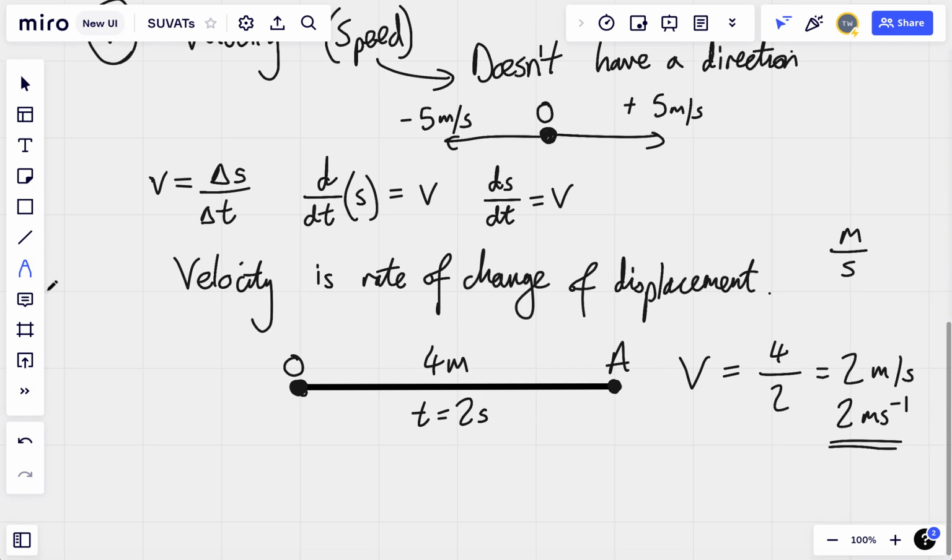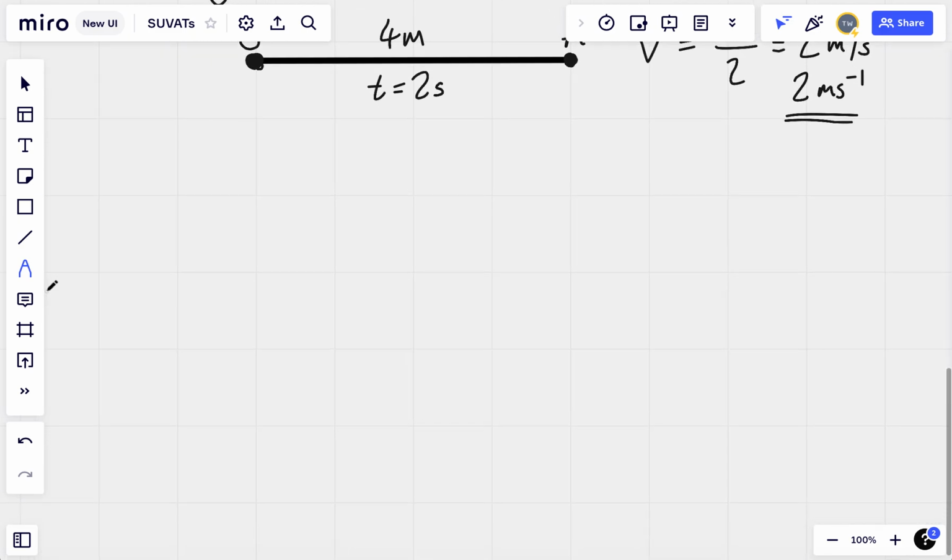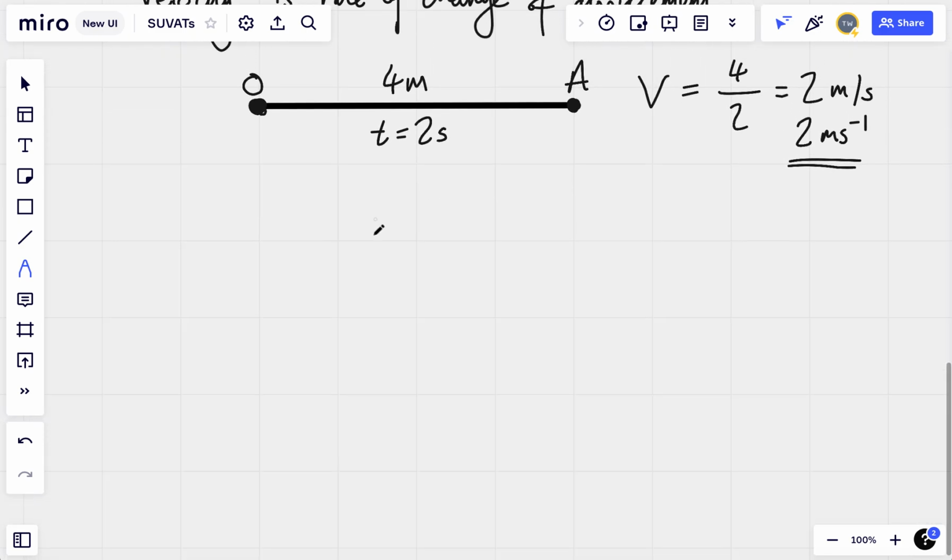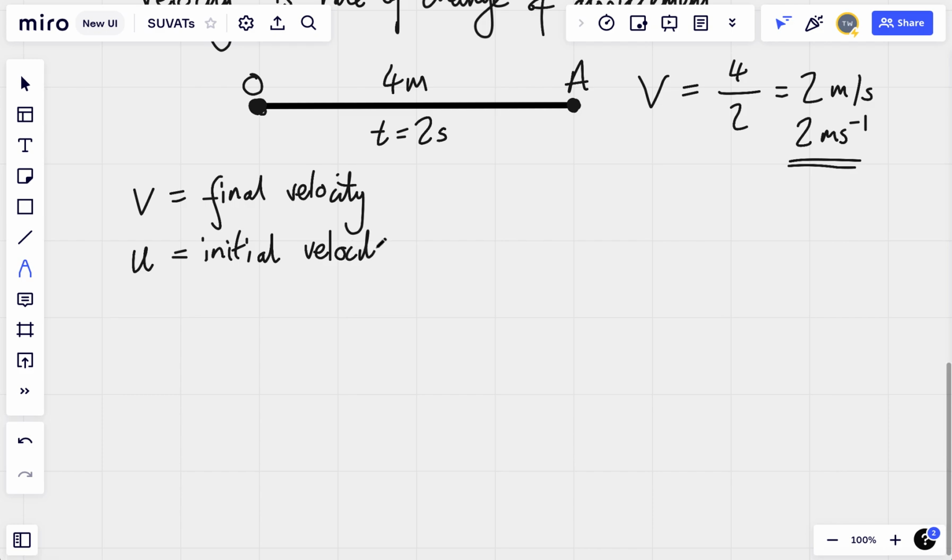Now, when we look at velocity, we look at 2 types of velocity. We have velocity, which is v, which is final velocity. And we have another letter, u, which denotes our initial velocity. Now, the reason we have 2 different velocities is because our velocity can change.